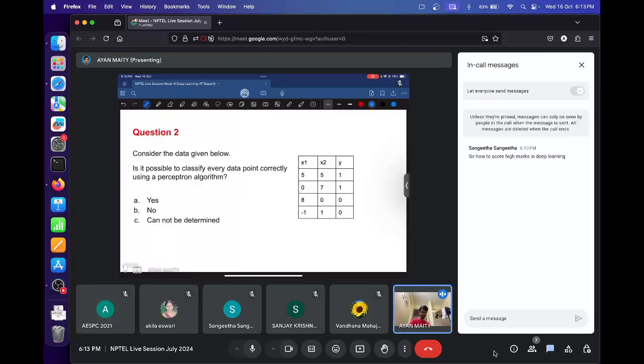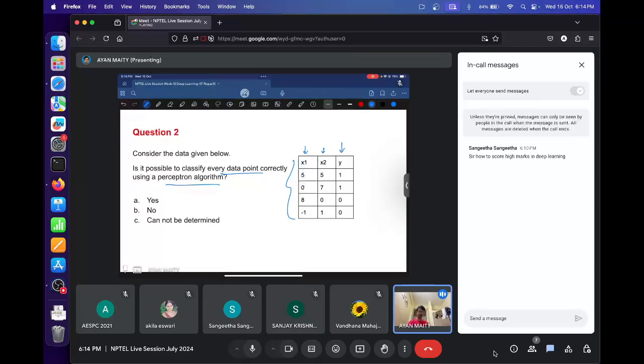Now question 2. Consider the data given below. These are the x1 and x2 input features, and y is the target variable or the output variable here. So this is a classification problem. There are two classes, 1 and 0. The question is: is it possible to classify every data point correctly using a perceptron algorithm on this dataset?